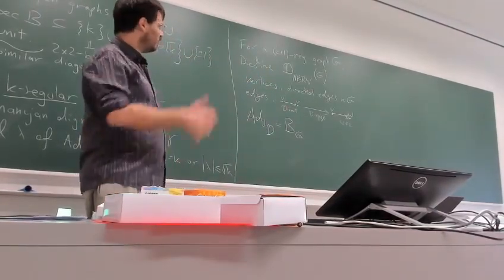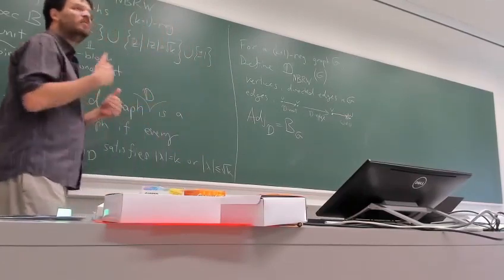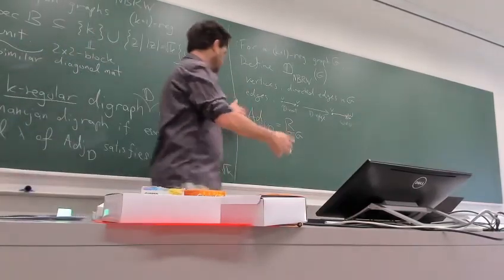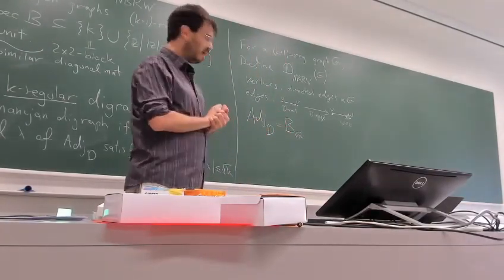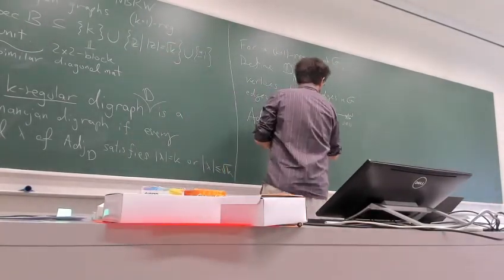That's how we encode the non-backtracking walk on the original graph in a simple walk, the adjacency operator on a directed graph.